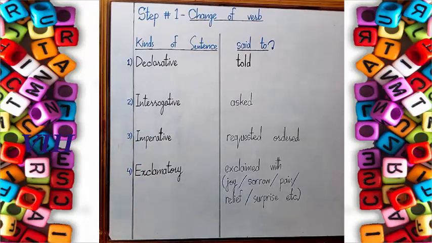My brothers, in order to understand change of verb, you need to recapitulate these kinds of sentence to actually understand how it works. Now I'm going to tell you, if in the reported speech declarative sentence is given, what is reported speech? I'll show you.